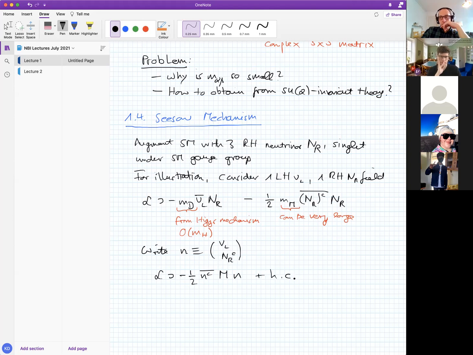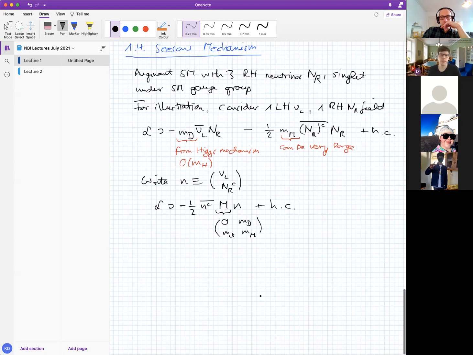By the way, I should also have written down a Hermitian conjugate up there probably. So let me fix this. Here, there should be a Hermitian conjugate at the end. So this matrix M now looks as follows. This matrix has here 0, M_D, M_D, M_M. It's simple to just multiply this out and see that what I've written here really makes sense.